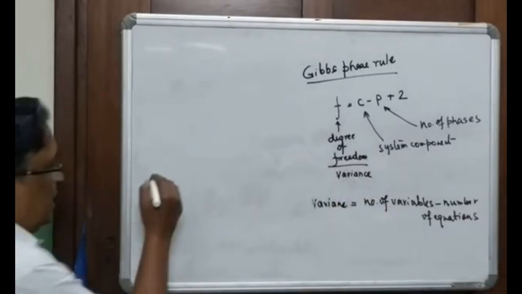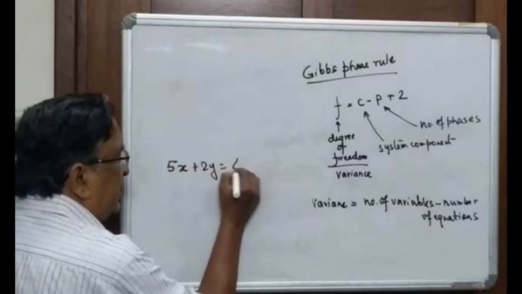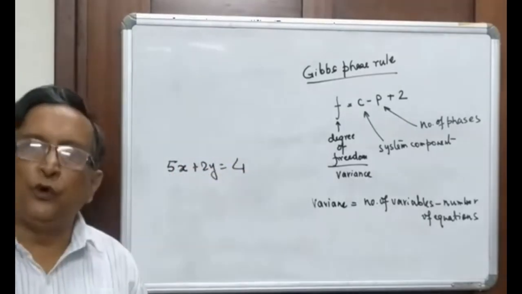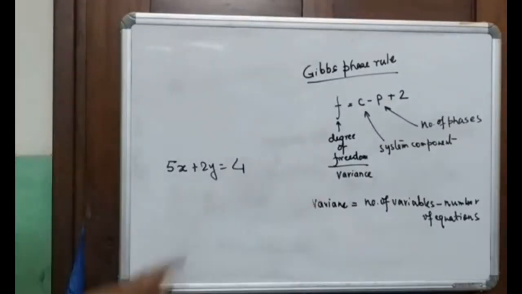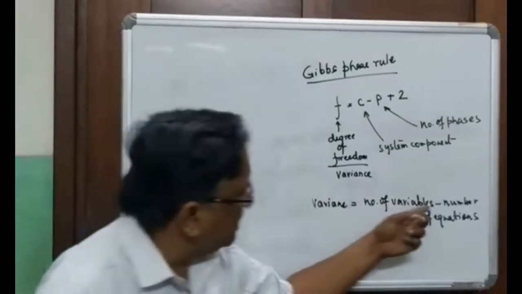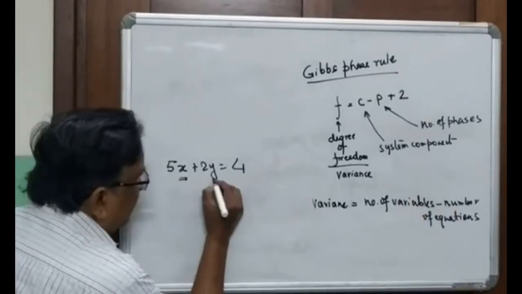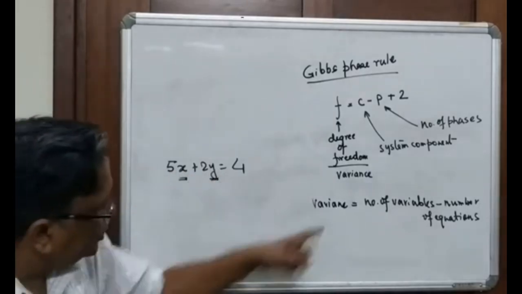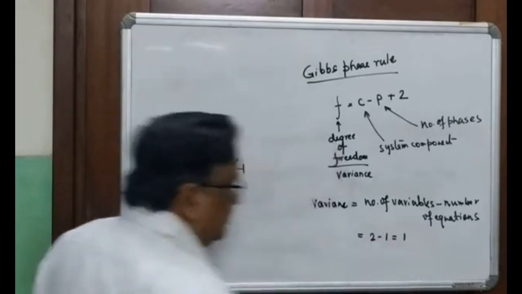Say, for example, I write an equation 5x plus 2y is equal to 4. What is the variance of it? Number of variables minus number of equations. X is a variable, y is a variable. So, 2 minus 1 is equal to 1.